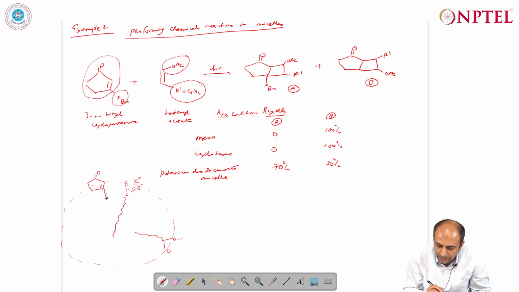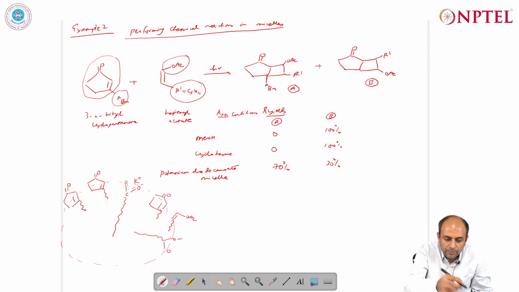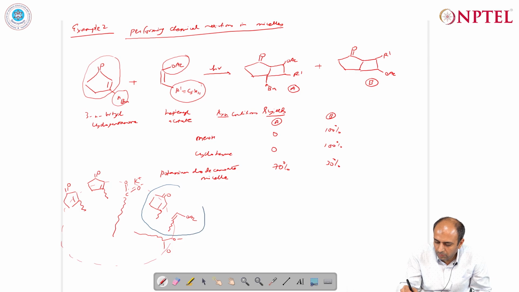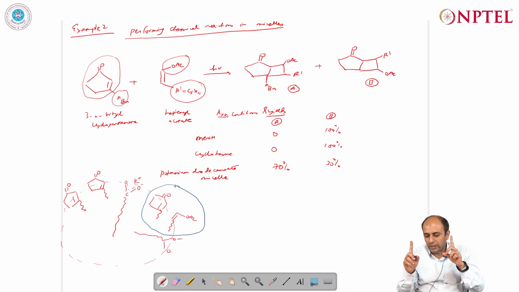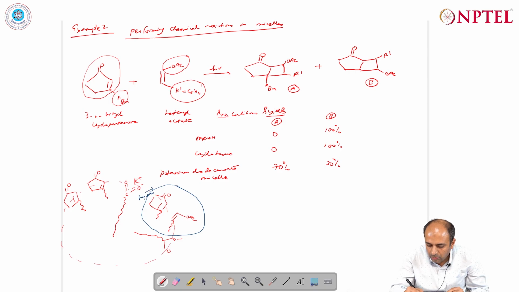So this is my N-butyl chain, and I also may have statistically the possibility of another one here. Then I can have another one here, and now you see that these two come close to each other and have the right orientation at the hydrophobic, and this is hydrophilic interface.